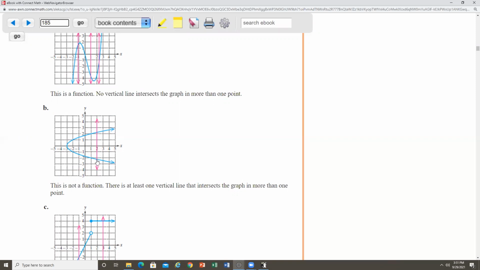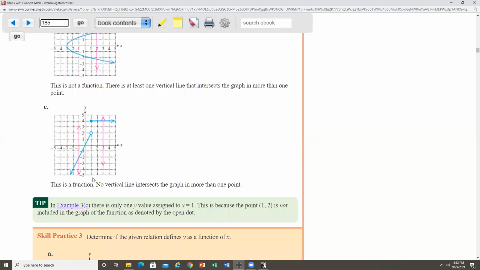What's the big deal with this vertical line test? Well, do you agree that there's 2 points that sit on this blue curved graph that have the same x coordinates? This point up here and this point down here. Do you agree they have the same x coordinates? And because we have 2 different points with the same x coordinates, this relation is not a function. That's synonymous with saying the graph fails the vertical line test. That's just a relation, not a function.